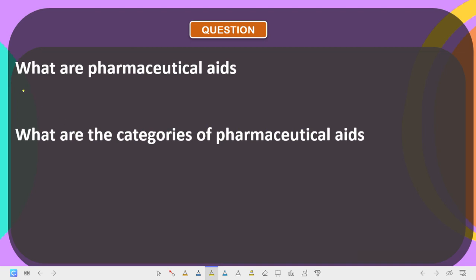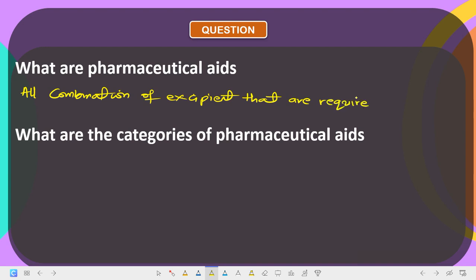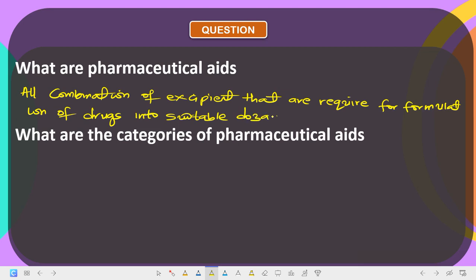Pharmaceutical aids include all combinations of excipients that are required for formulation of drugs into suitable dosage form.